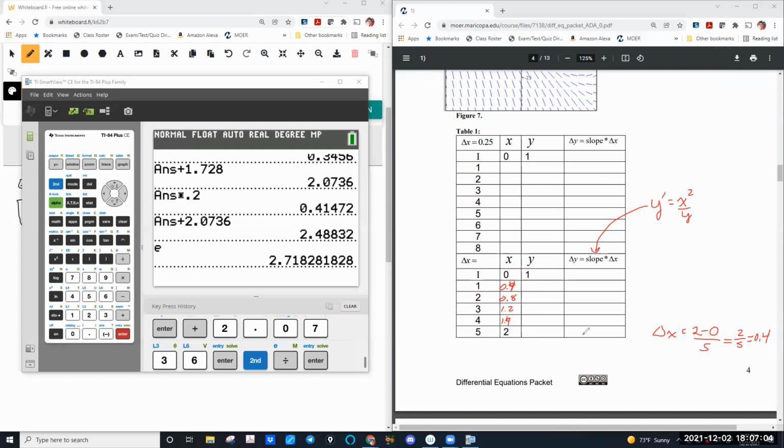The reason it's 2 minus 0 is that we need to end at 2, and we're starting at 0. So that's where the 2 minus 0 comes from, and then we had 5 steps.